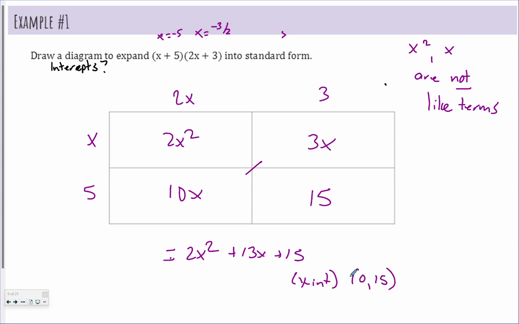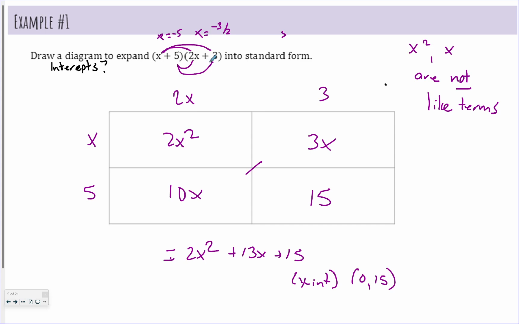Now, do you need the box to do this multiply? No, because a lot of people also know that you can just do x times this, 2x, x times 3, 5 times 2x, and 5 times 3, and you get the same thing. So whether you use the box or not doesn't matter to me. If you like the box because it's a nice visual, go for it. But if you think, no, I can do the multiply, then that's perfectly fine too.